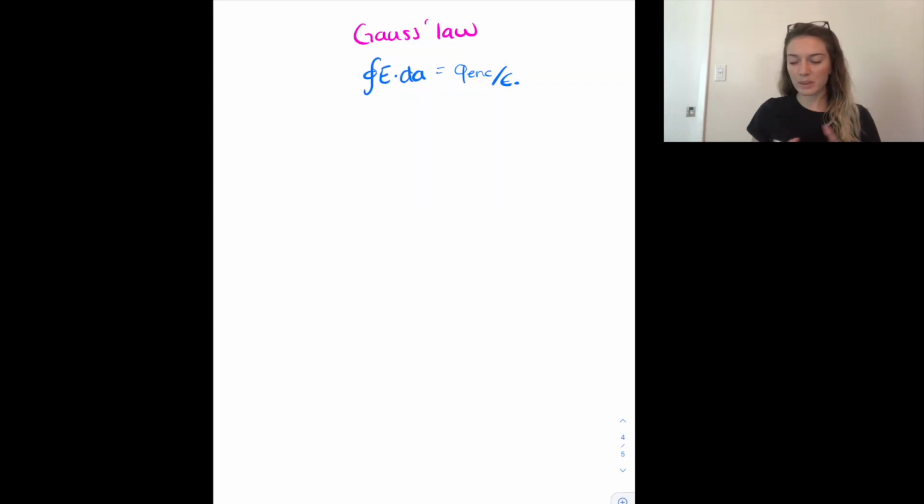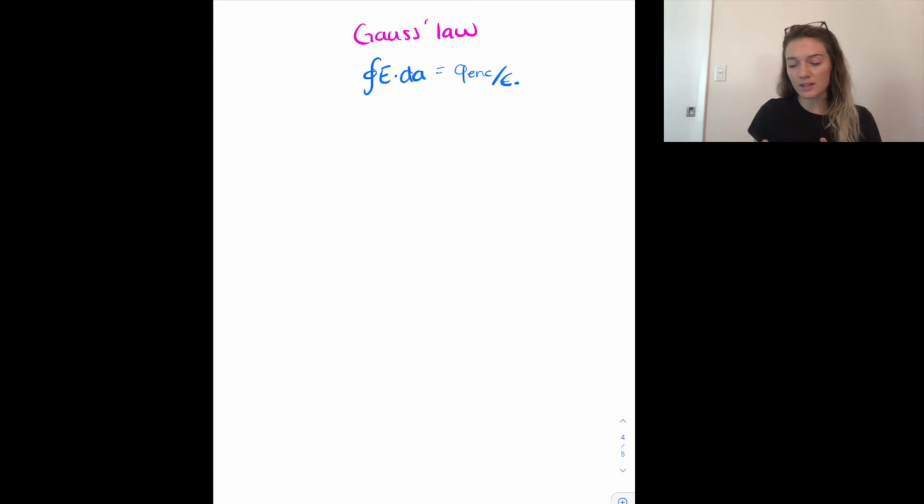Now, as I mentioned in our lecture on Gauss's law, it's important to remember that Gauss's law is always true for the electric field. It's just not always useful to us. So when we do problems with Gauss's law, we want to use it on problems that have a very high degree of symmetry, where this integral becomes very simple.